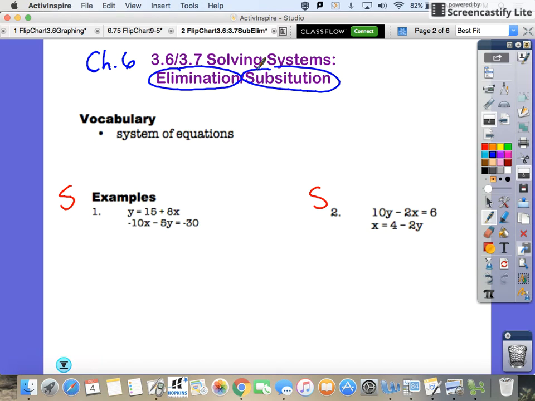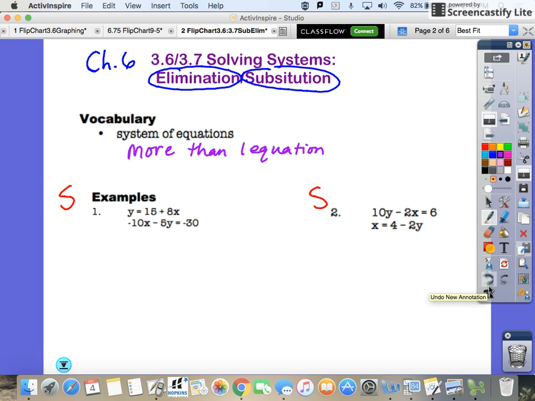Okay, so substitution will only be these two first examples. As we talked about in the first lesson, a system of equations is more than one equation. So what you see here and here, these are examples of systems of equations. A lot of times I'll write them with a little whale tail bracket type thing, but you don't have to necessarily do that.